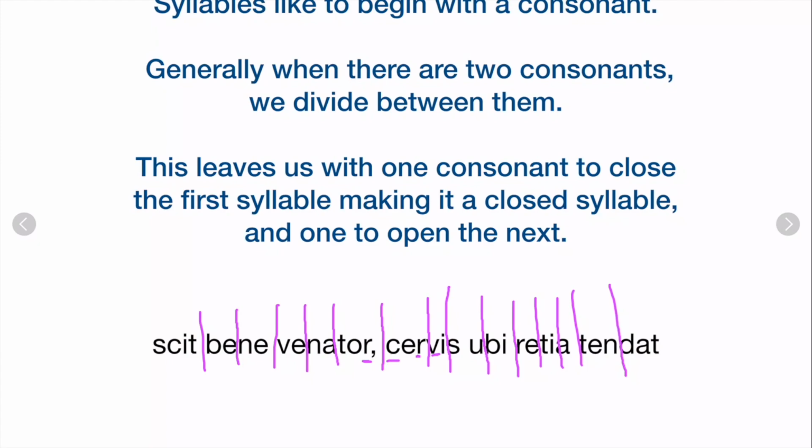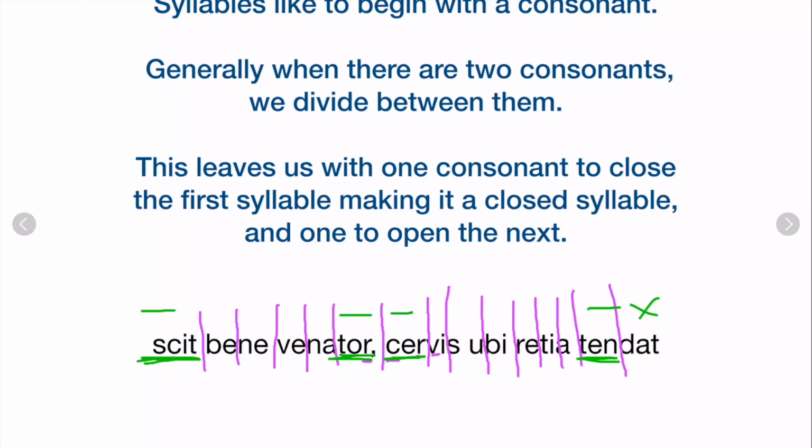Now, which ones are closed? Well, the ones that are closed, right, also end in a consonant. So that one, that one, that one, and that one are all closed. Okay, remember that last syllable doesn't matter if it's long or short, so we're not going to worry about that one. Okay, so all of these are long syllables.